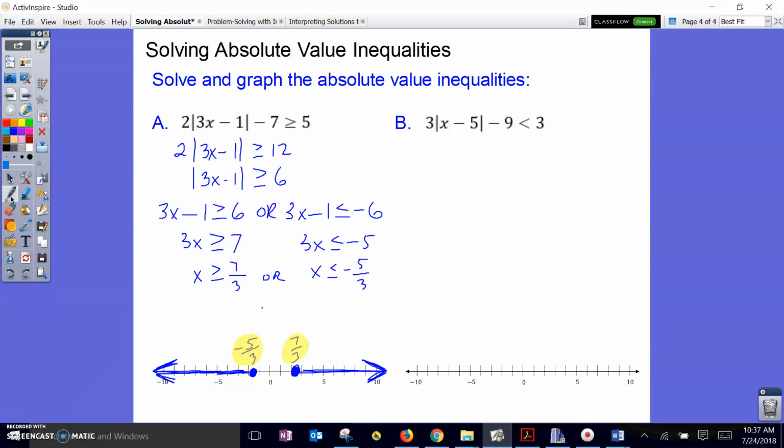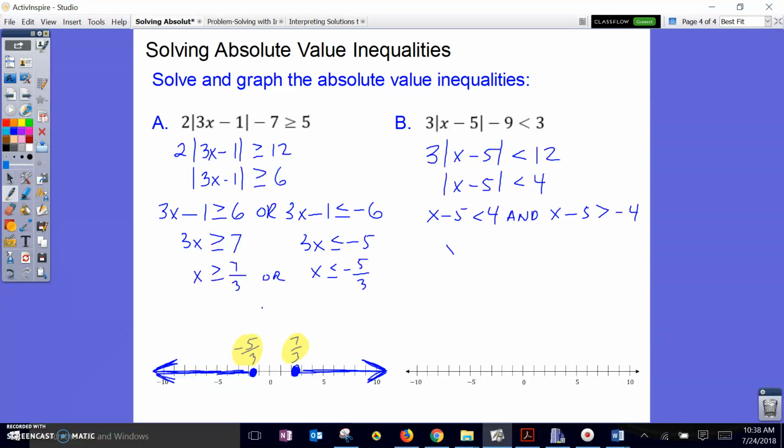All right, and the last one here, again, we're going to isolate the absolute value before we split it. So we're going to add 9 to both sides. Divide both sides by 3. This is going to be an and inequality. We've got x minus 5 is less than 4, and x minus 5 is greater than negative 4.